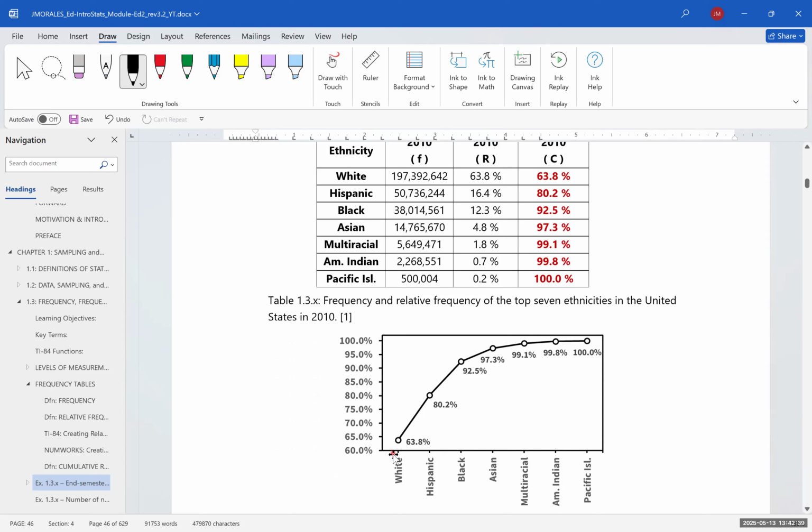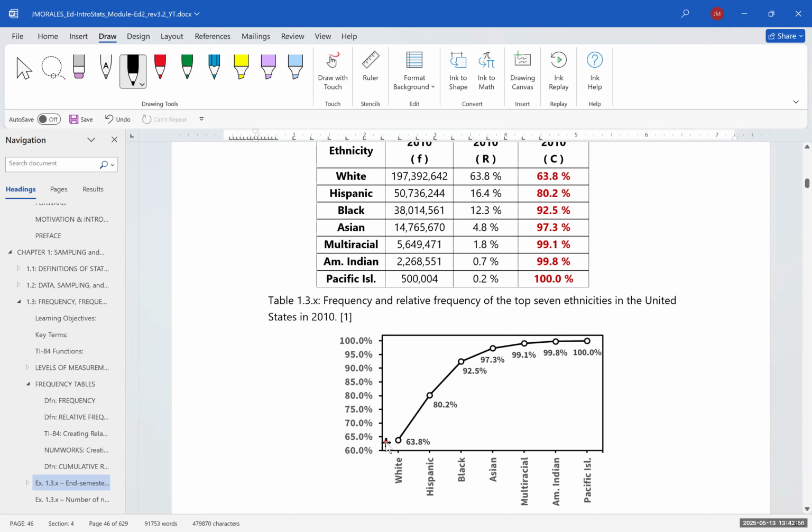The cumulative relative frequency under the white ethnicity was 63.8%, so I plotted a point above the white category at 63.8%.